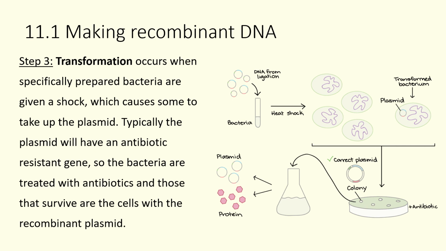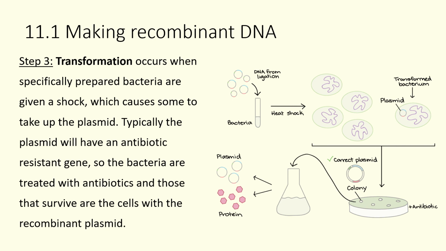If you're following through this image here, when we add the DNA that we've created into the bacteria, we give it a heat shock, right? Now we've got a whole bunch of bacteria that have hopefully taken up that plasmid, but we only want the bacteria that have taken up that recombinant plasmid, because we're going to then go off and grow them and culture them and get lots and lots.